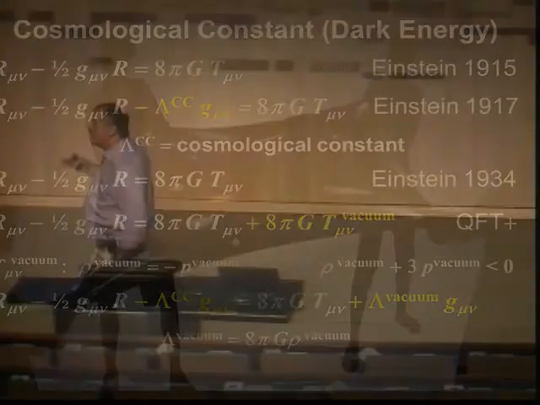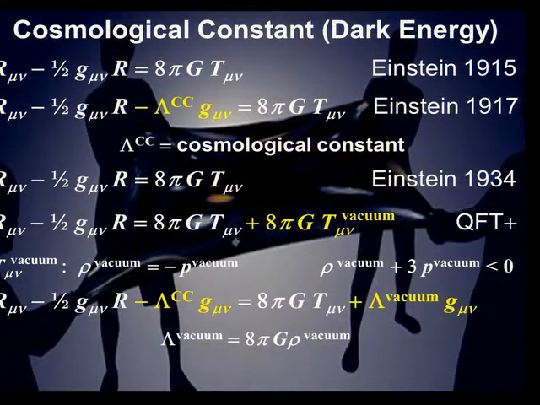So a particle physicist puts this on the right-hand side of the equation. However, there's no way that we can disentangle a cosmological constant added on the left-hand side of the equation from vacuum energy added on the right-hand side, if we express a vacuum cosmological constant as 8 pi G times the energy density of the vacuum.